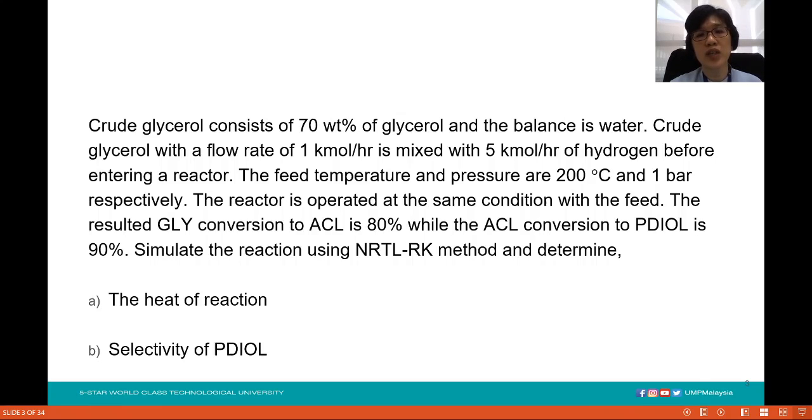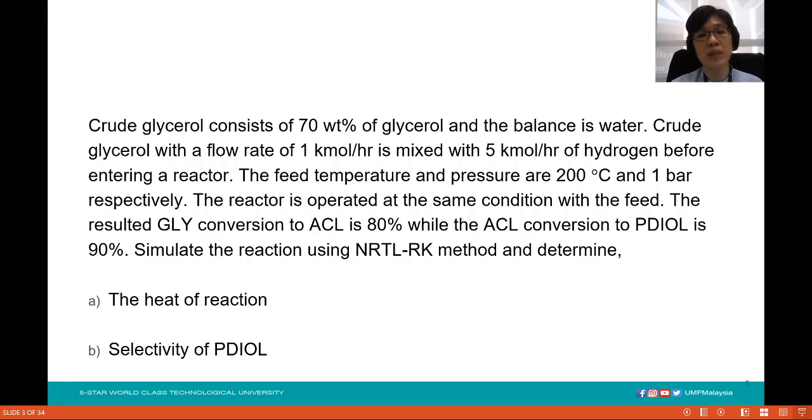The feed temperature and pressure are 200 degrees C and 1 bar respectively. The reactor is operated at the same condition as the feed. The resulting glycerol conversion to acetol is 80%, while the acetol conversion to 1,2-propanediol is 90%.